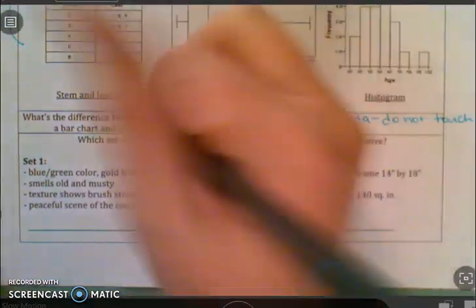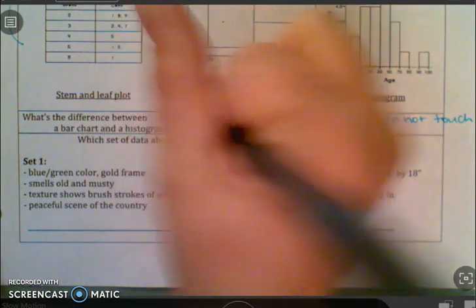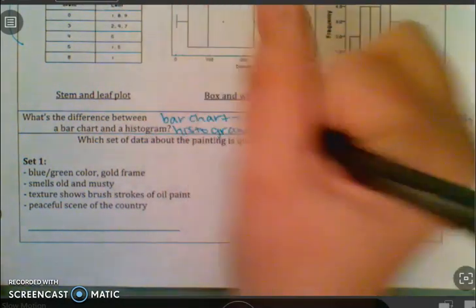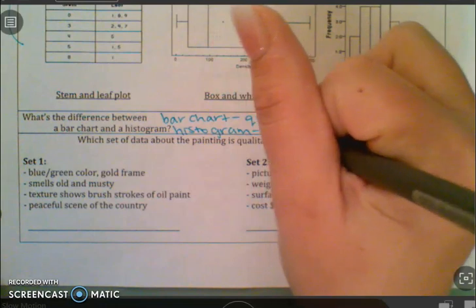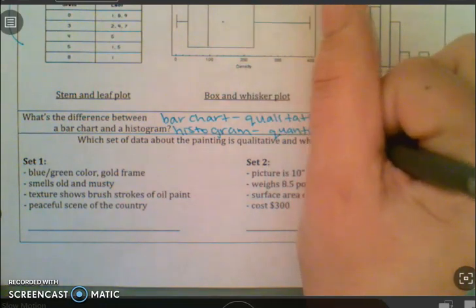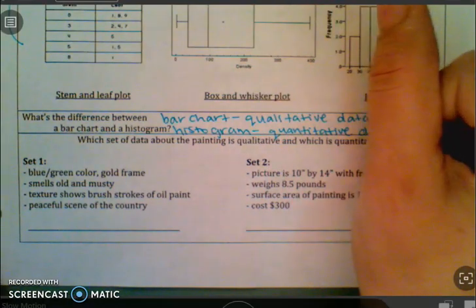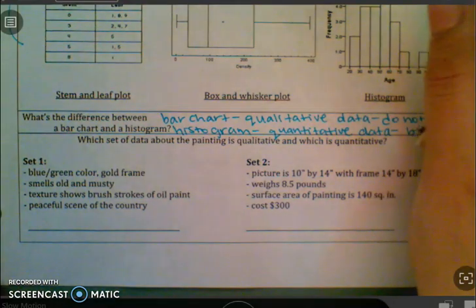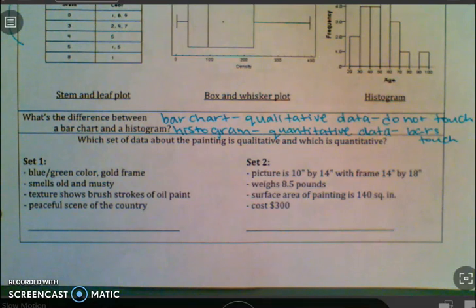While a histogram is quantitative data, and the bars touch. So bar chart is qualitative, do not touch. Histogram is quantitative data, and the bars touch.